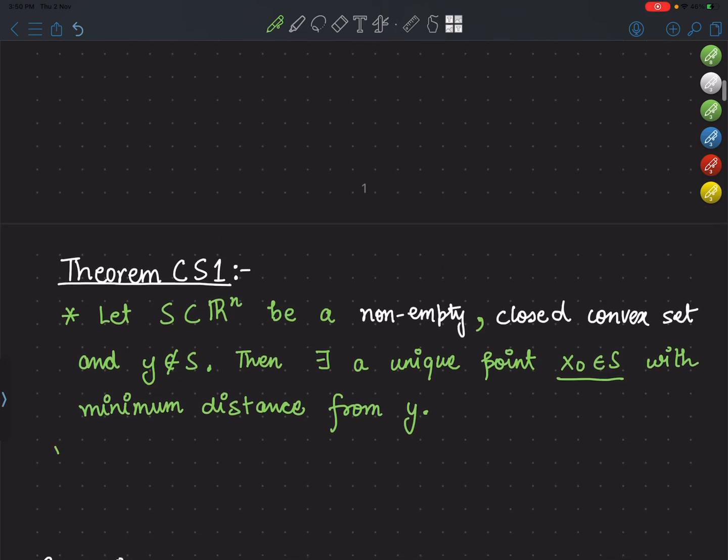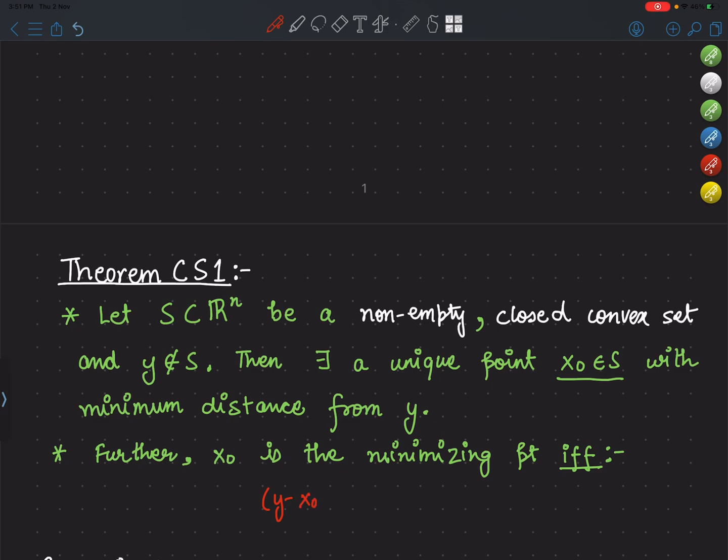And further, x0 is the minimizing point if and only if this condition is satisfied: (y minus x0) transpose (x minus x0) is less than or equal to 0 for all x belonging to S. So basically this condition should follow.